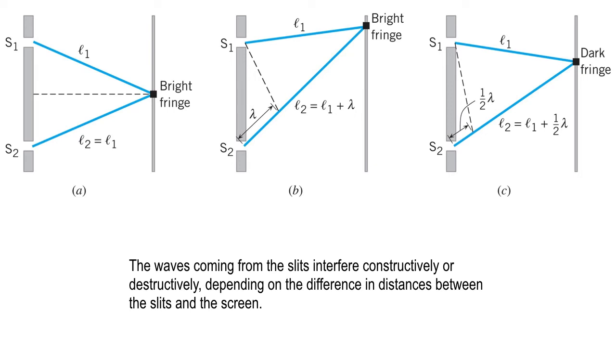So from S2 to this point, the bright fringe, this is M equals 1, bright fringe up here. L2 is bigger, L1 is smaller, and the difference is 1 lambda. So this is M equals 1. Constructive interference right here, all right?